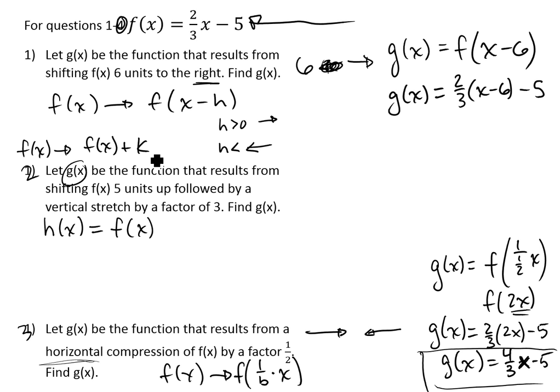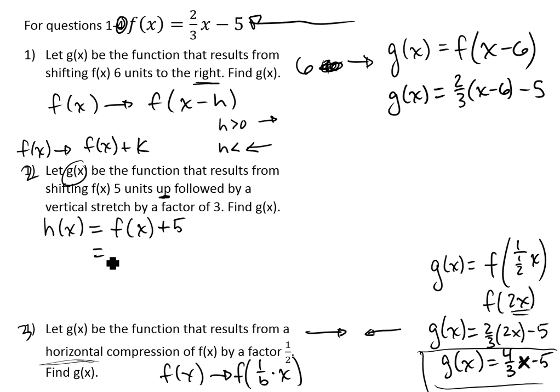If k is positive, it has the effect of moving the entire function up. If k is negative, it moves the entire function down. So we transform f of x into this new function. It's f of x plus my translation. I'm going up 5 units, so it's going to be a plus 5.